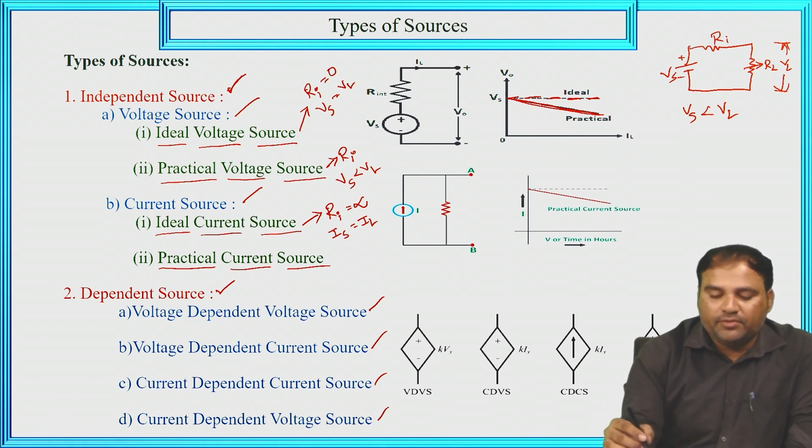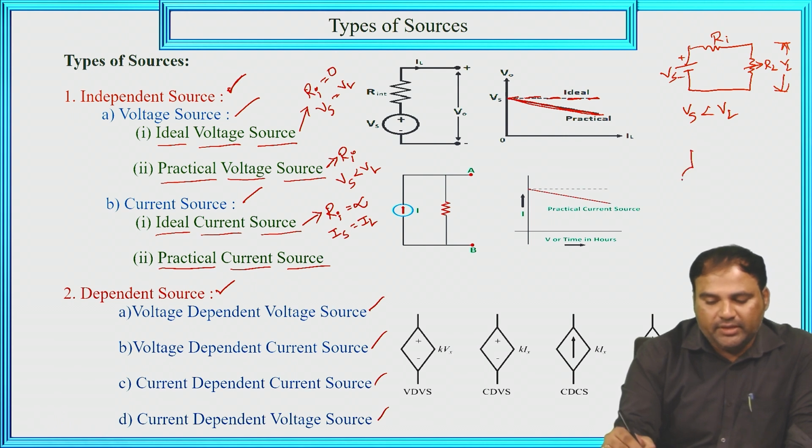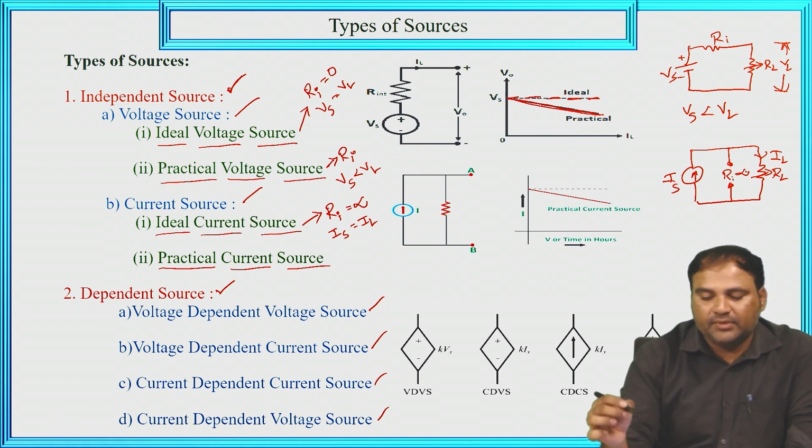For example, here I am taking a simple circuit. This is the source current Is, the load RL, through the load we have IL, and the internal resistance is open circuited, meaning it is infinity. Then the condition is Is is equal to IL.